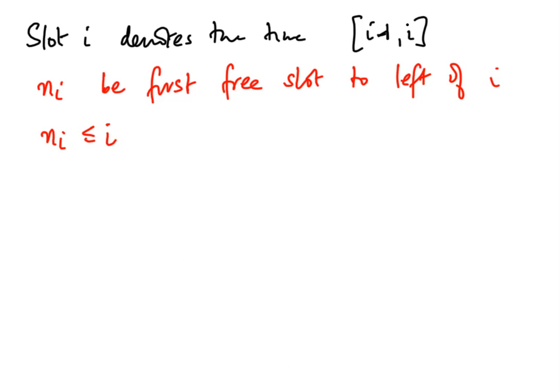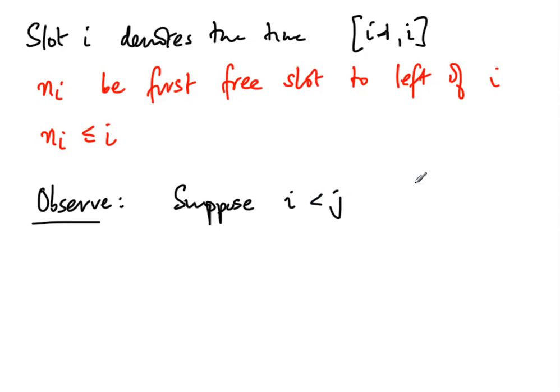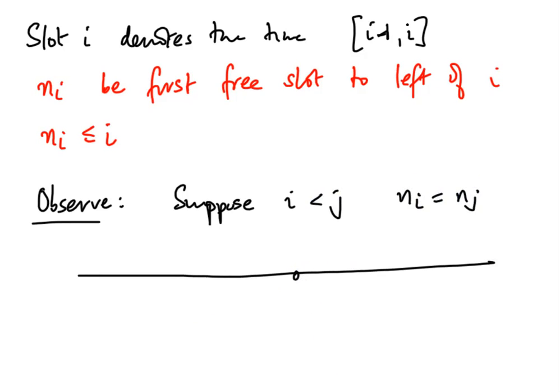Okay? So now we observe that suppose i is less than j and N_i is equal to N_j. That means that I have a situation where I have, say, position i and I have position j, right?